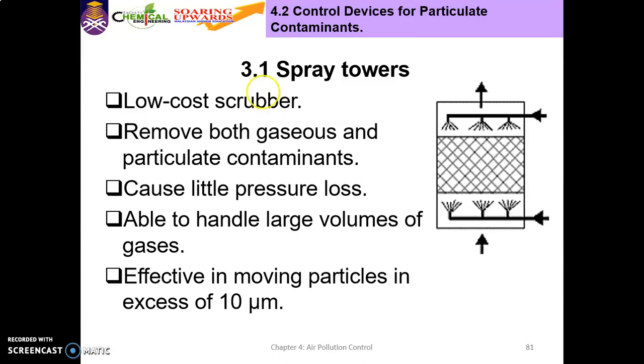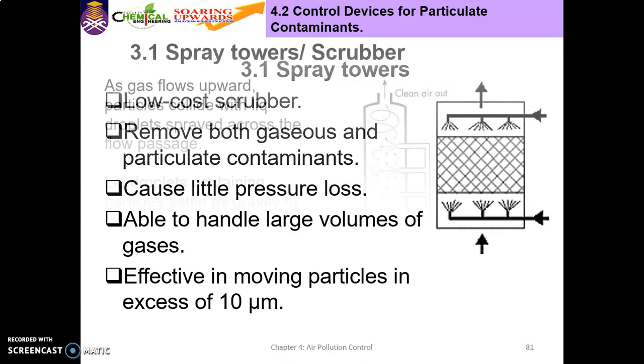The spray tower is a low-cost scrubber. It can remove both gases and particulate contaminants, as you can see just now. It is able to handle large volumes of gases and is effective in removing particles in excess of 10 micrometer.